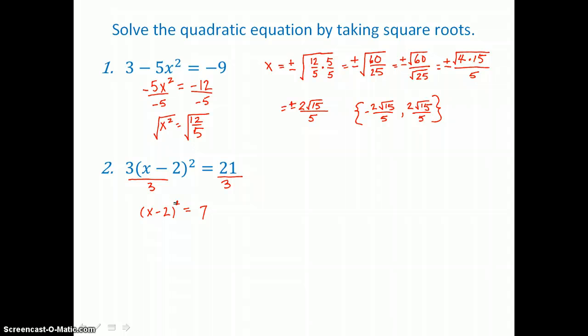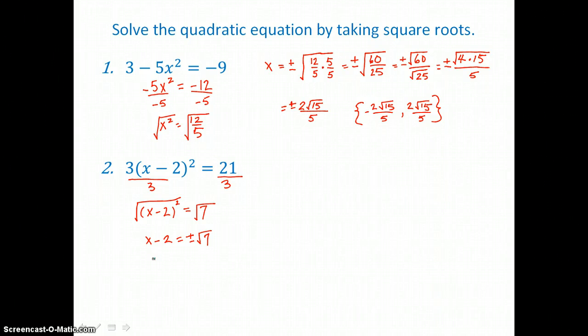And now I'm going to undo this power again by taking the square root of both sides. So the square root of this binomial squared is just going to be one binomial, x minus 2. And on the right hand side, I'm going to get my two solutions, plus or minus the square root of 7, because I'm taking the square root of my variable squared, which is going to give me two solutions.